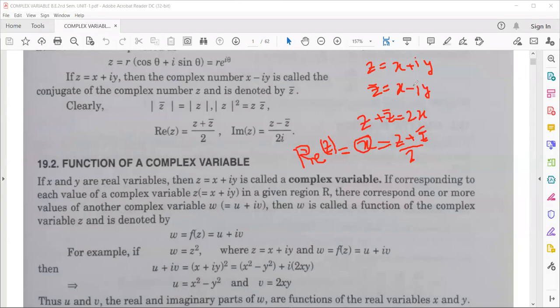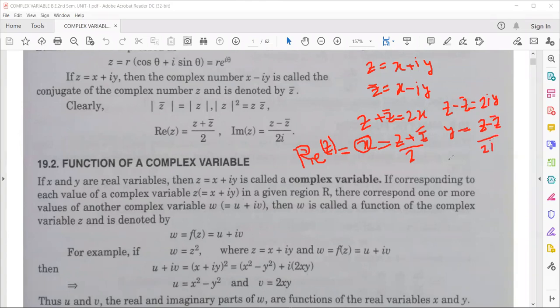Similarly, if you need to calculate the imaginary part y, if you subtract these two, Z minus Z conjugate is equal to twice iy. And so y is equal to Z minus Z conjugate upon 2i.